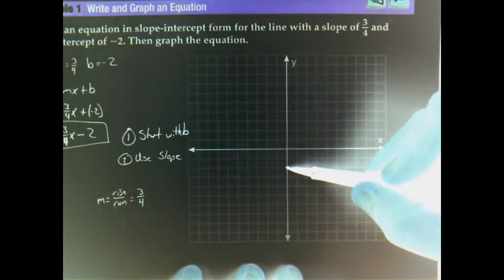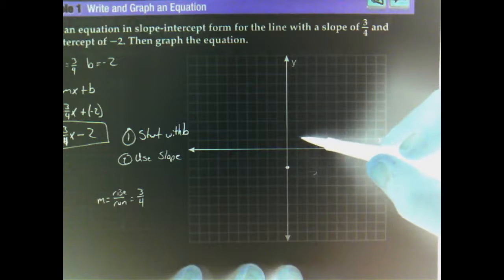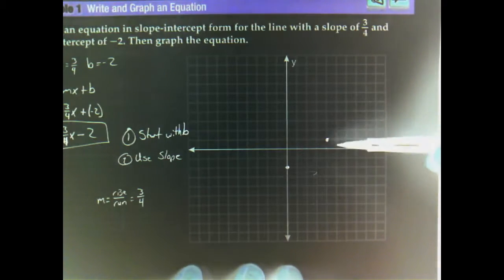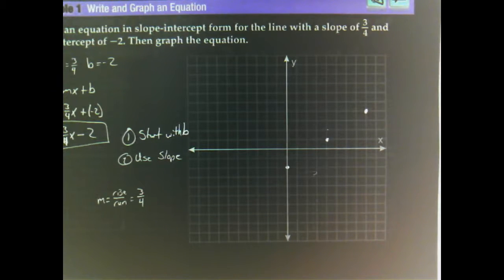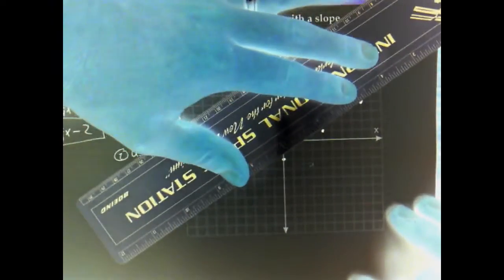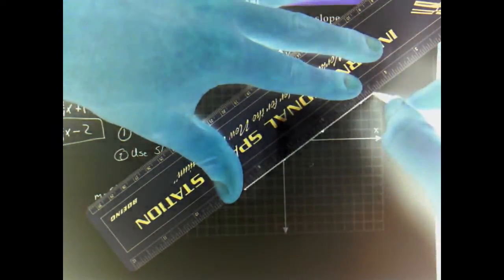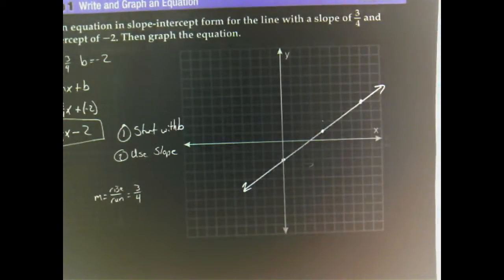So if it rises 3, 1, 2, 3, and runs 4, 1, 2, 3, 4, I know another point's going to be right there. And I could find another one. Rise 3, run 4. Okay. So that's where my line is going to be. If I take out my ruler here, I can connect those points into a nice line just like this. Arrows on each end, and there you have it.